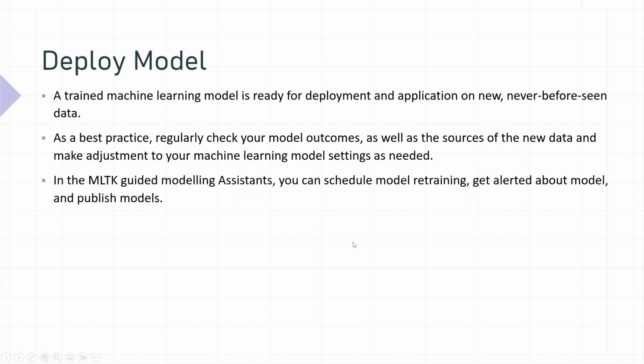All right, then you're going to deploy that model. You're going to apply it on new, never seen before data, see how it works. You definitely want to keep checking your model outcomes and make sure that they are still getting data as seen.